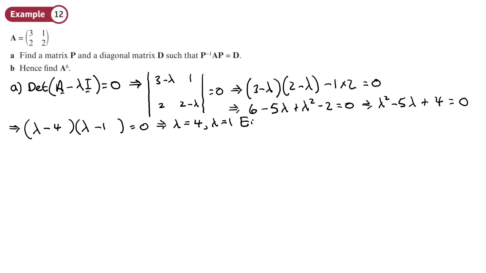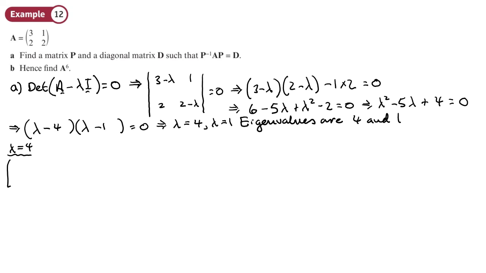So we'll just write down eigenvalues are 4 and 1. Okay, so these are the values that are going to go into our matrix D. So that'll be 4, 0, 0, 1. But let's find the eigenvectors to find out what goes into P. So let's start with lambda equals 4, or eigenvalue equals 4.